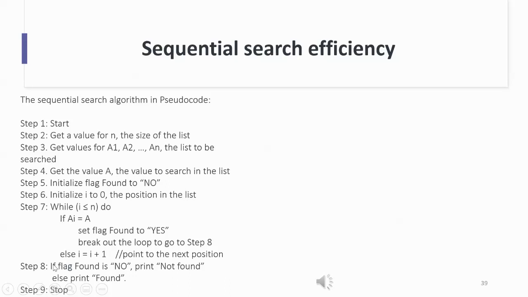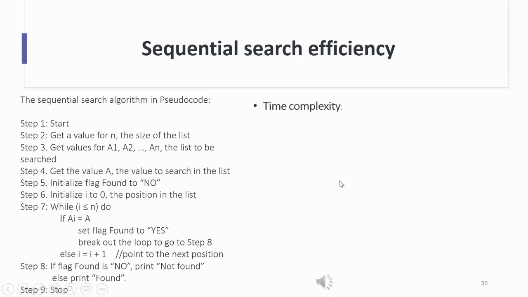We go to step 8, out of the loop. And then we check whether the flag found is no or yes. When it's no, print not found. Otherwise, print found and stop the algorithm.